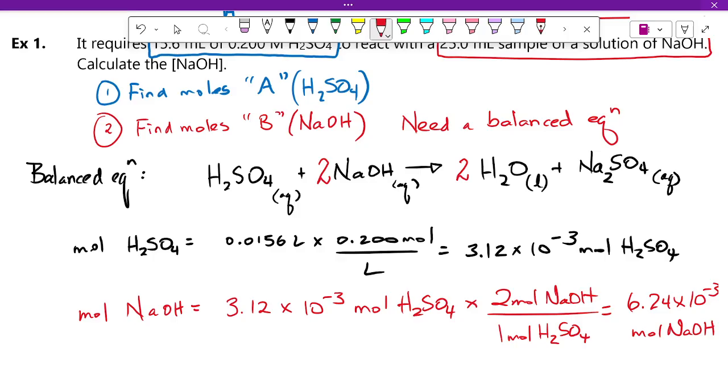Did you get 6.24 times 10 to the negative 3? Okay. Once you get to moles of B, you're going to ask yourself, what is the question asking me for? And then you're going to do whatever that question asks you for. The question asks you for the concentration of NaOH.